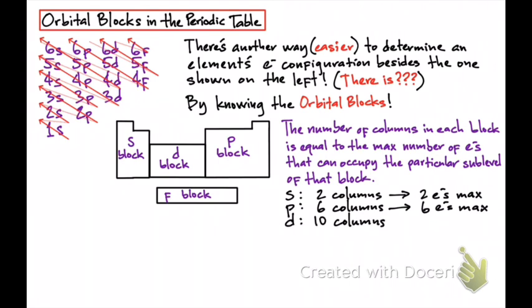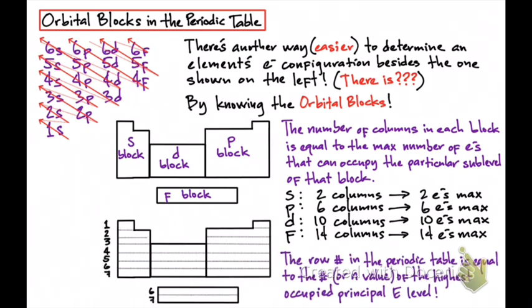The d block contains 10 columns, 10 electrons. And the f block contains 14 columns, so you can have a total of 14 electrons maximum. And it matches the rule regarding the maximum number of electrons that each of these sublevels can hold, right? So an s sublevel can hold 2 electrons, an f sublevel can hold a maximum of 14.